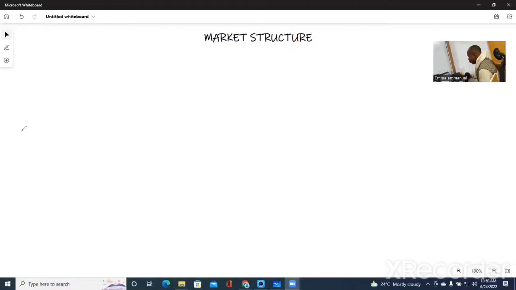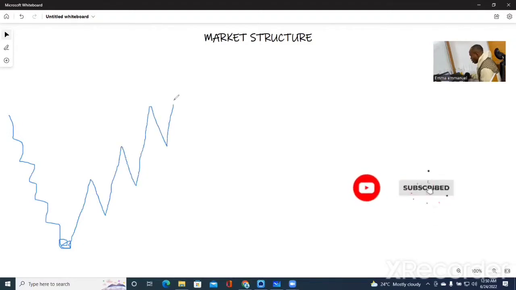So let's say, for example, we are having a market move where the market is coming down, and it reached a particular spot. It started going up, creating higher highs like this, getting higher highs and higher lows, higher highs, higher lows like this.